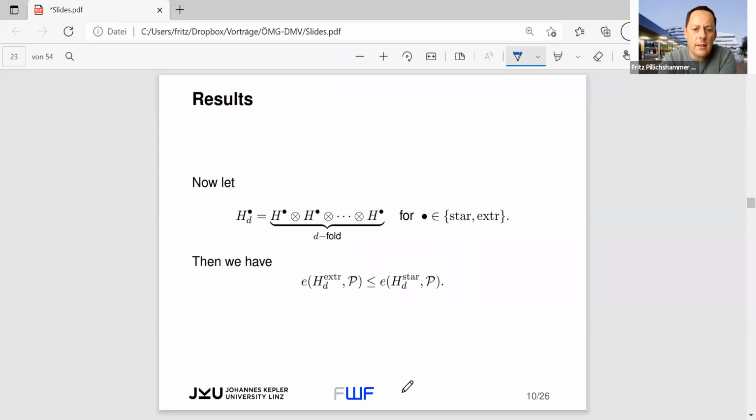Hence it's clear that the worst case integration error of a QMC rule based on the point set P in H extreme is less than or equal to the worst case error in H_d star, because this is a subclass of this here. Okay, so far this was numerical analysis.